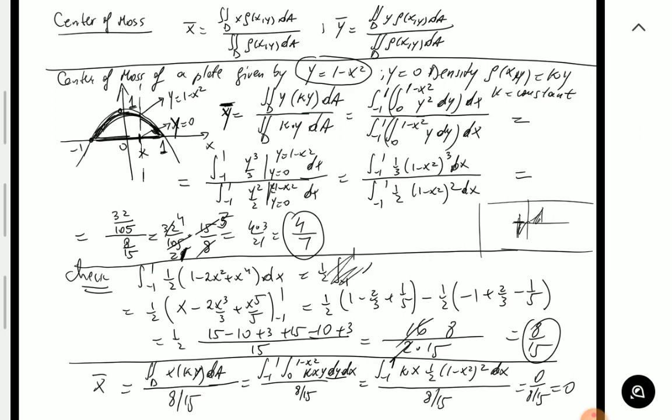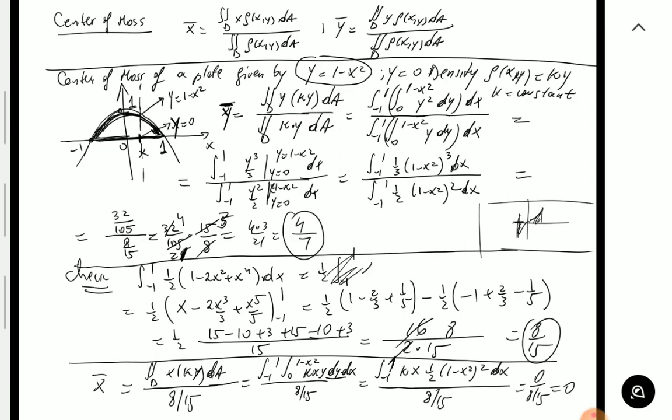So if the domain is symmetric, you have a portion in the positive region and the same area under the negative region, so these two portions will cancel out. If you look carefully at this expression, kx times 1 minus x squared quantity squared, if you plug in minus x, you just have an extra minus. That's the only difference. So the integral here is 0 because the function is odd over a symmetric domain.